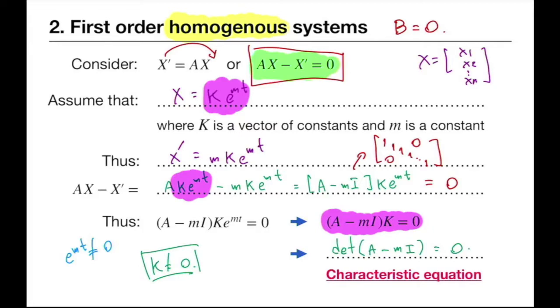So if K is not 0, this is going to be 0 when this determinant is 0. And we call this equation the characteristic equation. We have had this kind of equation before, the characteristic equation in chapter 2, but it's a little bit different from chapter 2. So you need to be able to remember this equation.